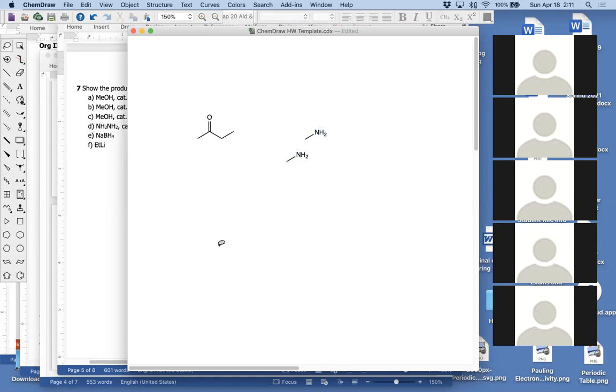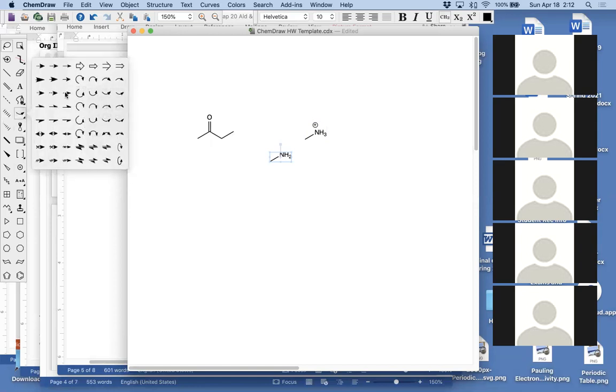Okay, well, it's complicated here because of the presence of the amine. So this is a little more complicated situation. In the reaction flask, you're probably going to have these species: the ketone, some free amine, and some protonated amine.